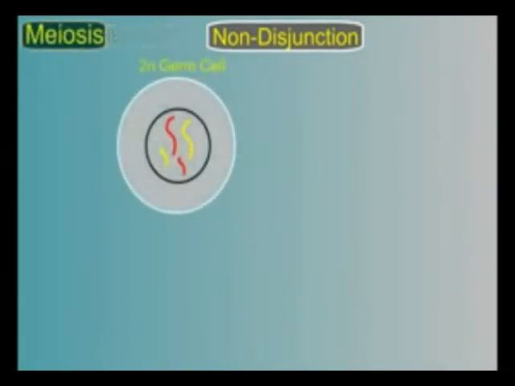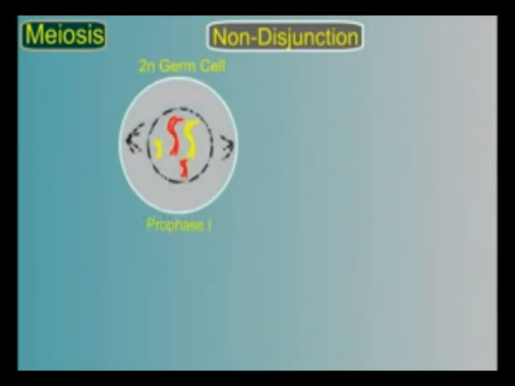If you look back at meiosis here, we have a germ cell that's going to give rise to a gamete. We know we are going to replicate our DNA. We get to prophase 1 of meiosis. Tetrads form and homologs pair up.